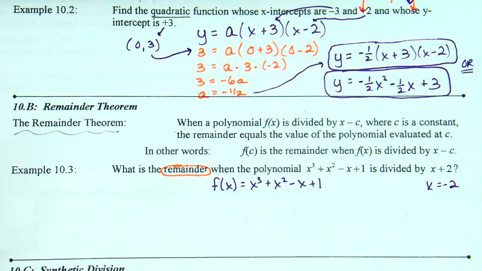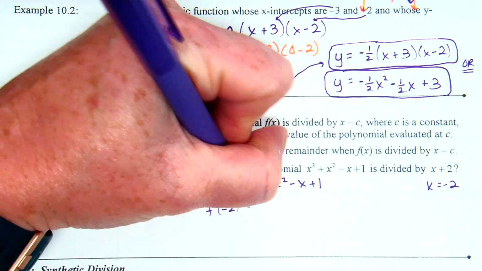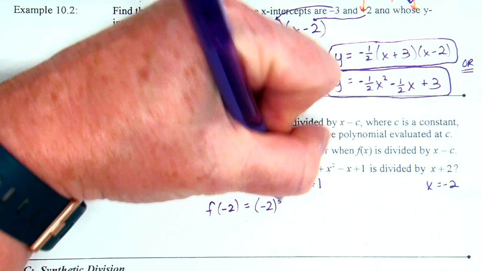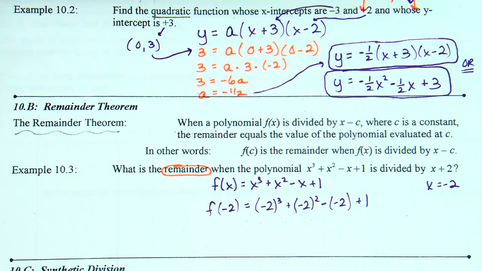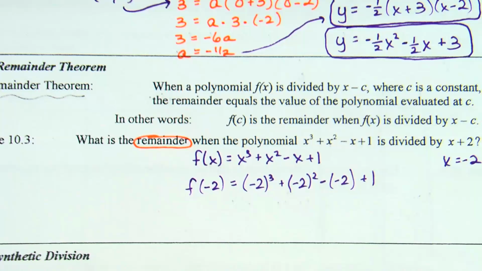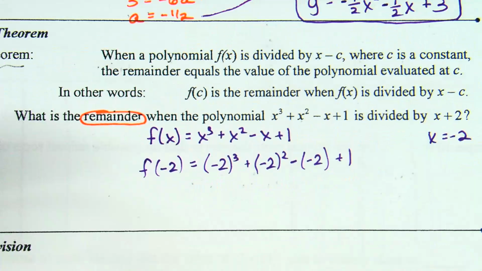And so one way you can find the remainder is to plug in negative 2. Do f of negative 2 and plug it in. I'll be honest, this is probably the least favorite way. Sometimes the math can get big real quick, can't it? Which is why this is not necessarily the way I would do it, but it's not horrible here.